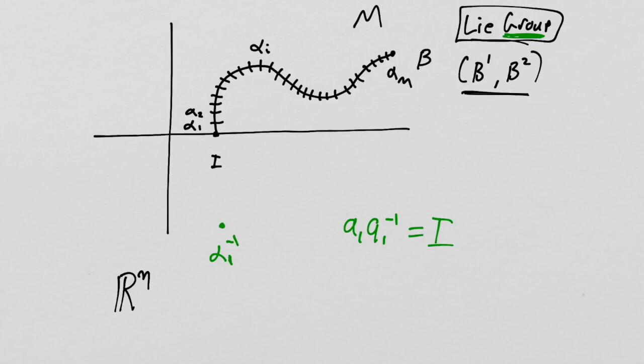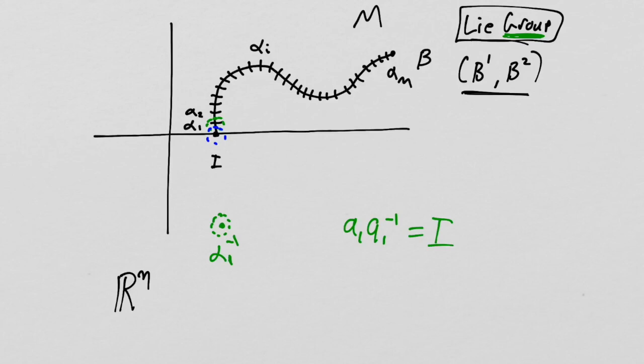It's the continuity, the fact that this is a continuous group, that means that anything in this neighborhood of alpha 1 inverse multiplied by anything in the neighborhood of alpha 1 will ultimately give you something in the neighborhood of the identity, right? That's the whole point of being continuous.